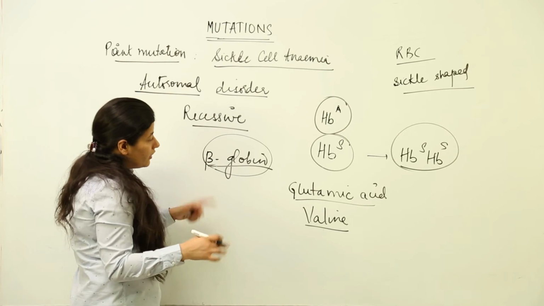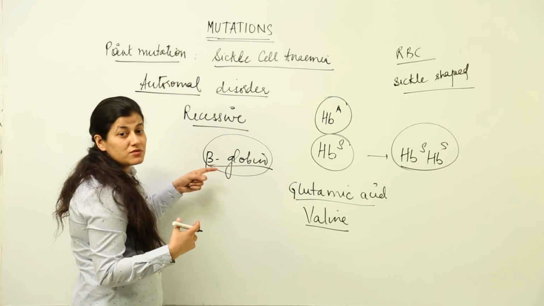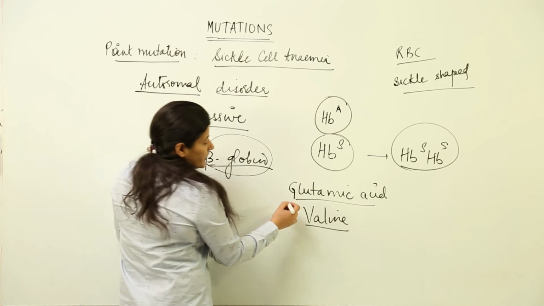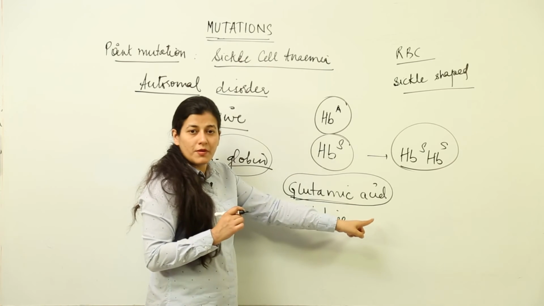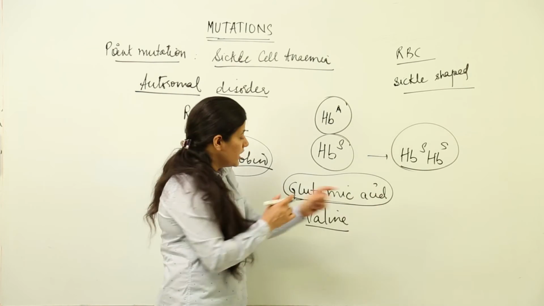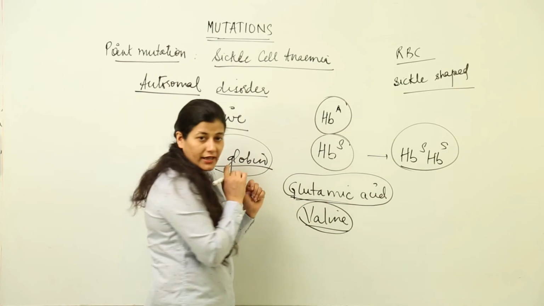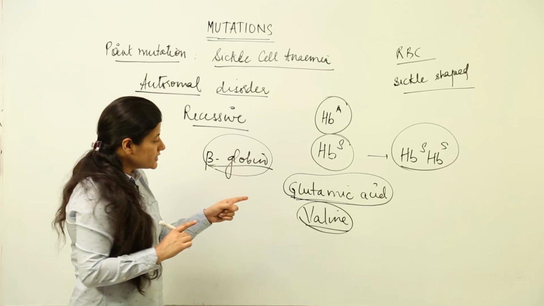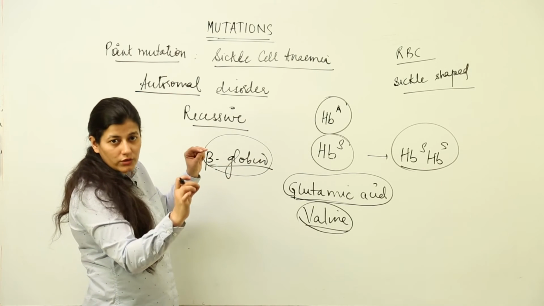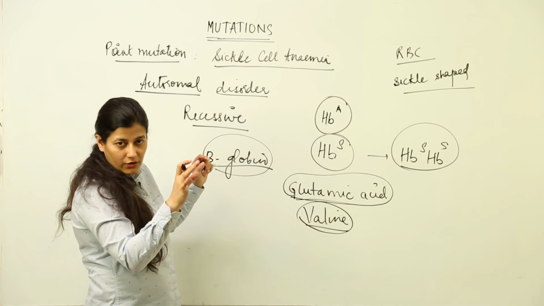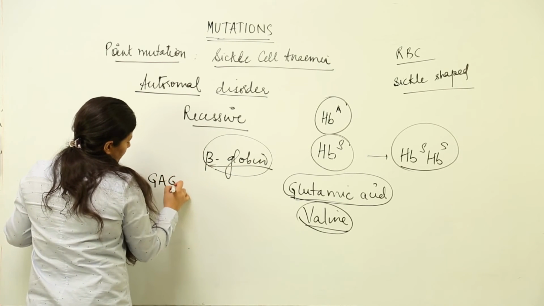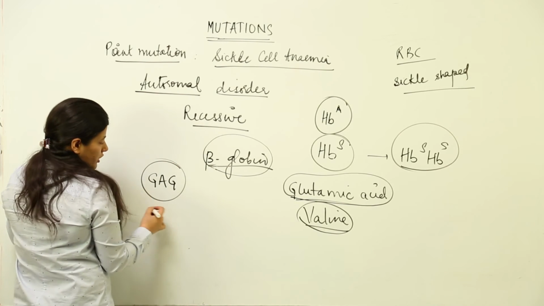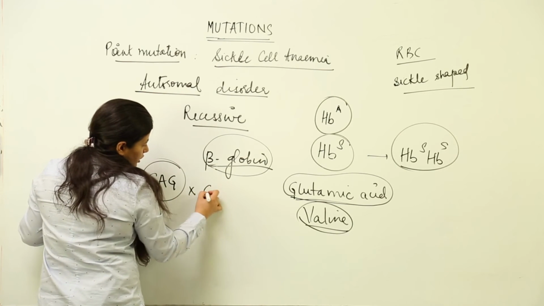Now, why does this beta globin chain become mutant? It is because at the 6th position of this chain, the amino acid that was supposed to be present is glutamic acid, but instead of glutamic acid, we have valine. And how has it happened? It has happened because the codon that was present in the mRNA coding, instead of GAG at the 6th position, you have GUG.